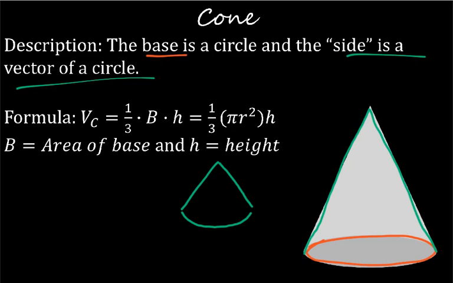So it really is a sector of a circle. And we can notice that when we talk about the base here, that's going to be pi r squared. So the formula for the volume of a cone is 1/3 times pi r squared times the height.